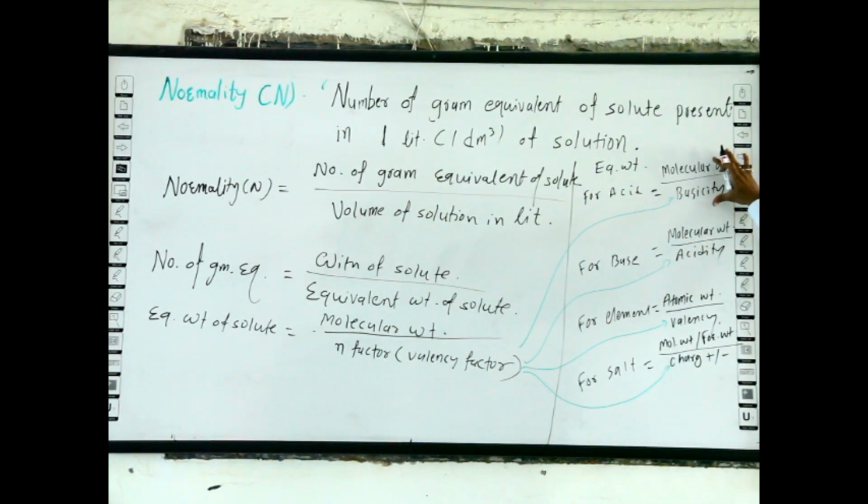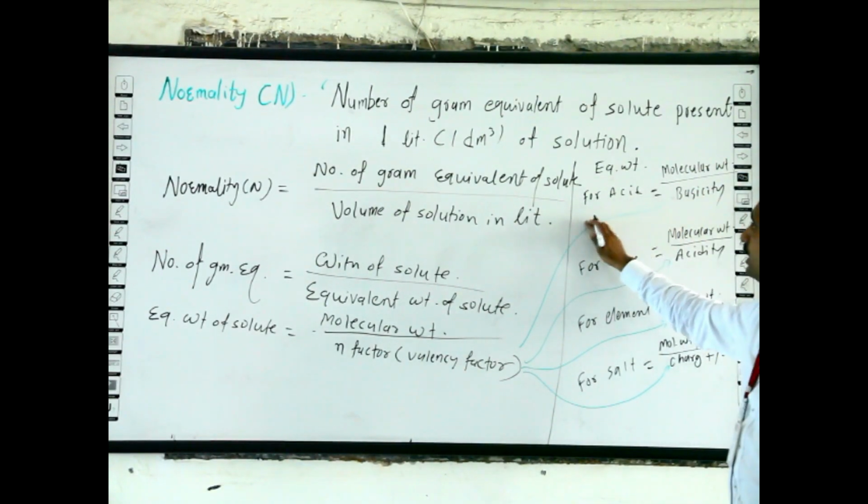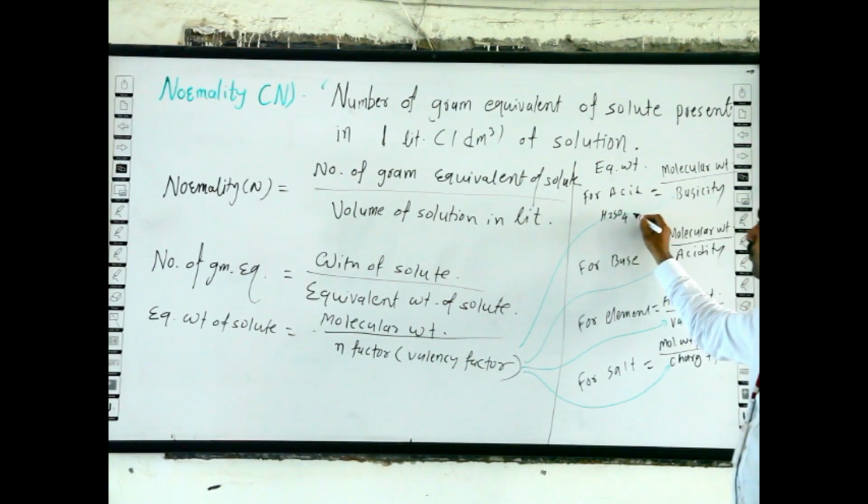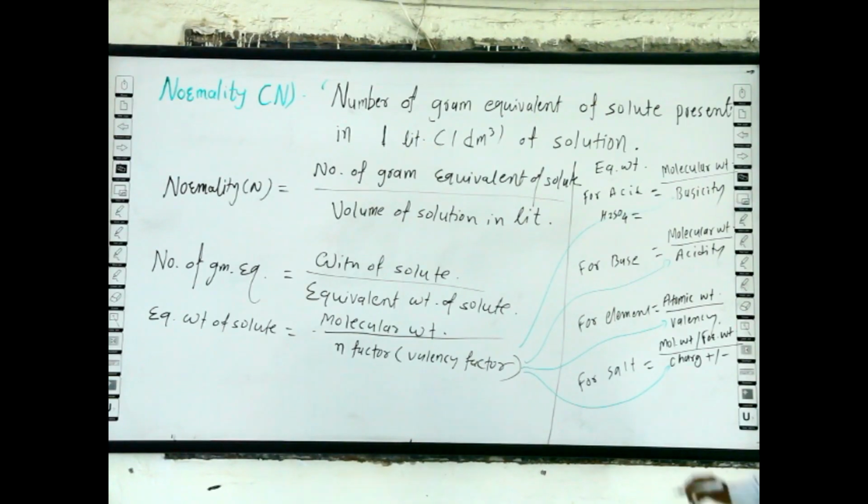Explain the formula for acid. Suppose H2SO4, molecular weight is 98 and basicity is 2. So here equivalent weight of H2SO4 is equal to 98 by 2, which is 49.